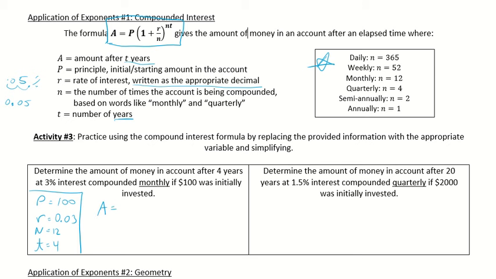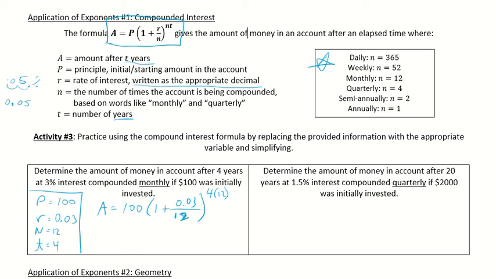So the amount after 4 years, if $100 was invested at 3% compounded monthly for 4 years, and again, that was monthly.